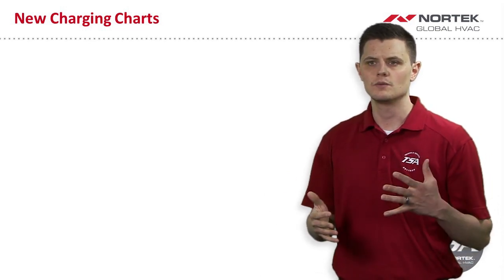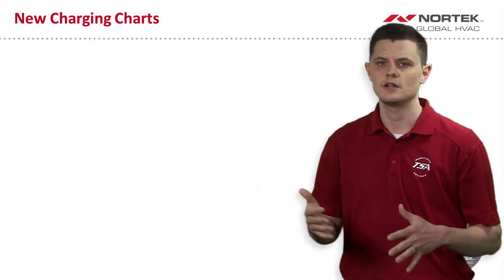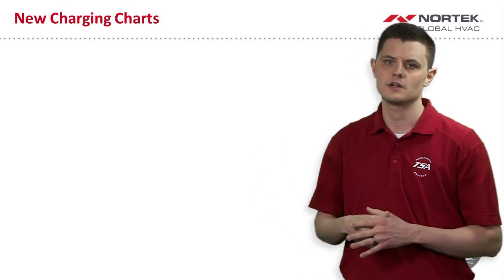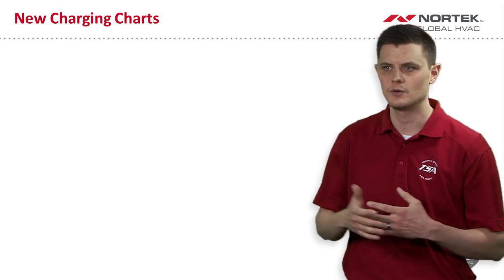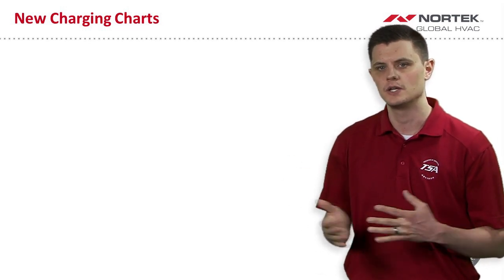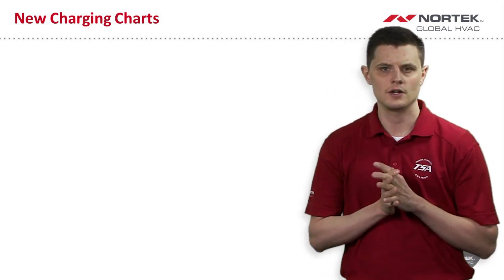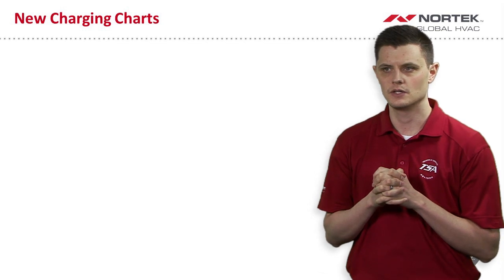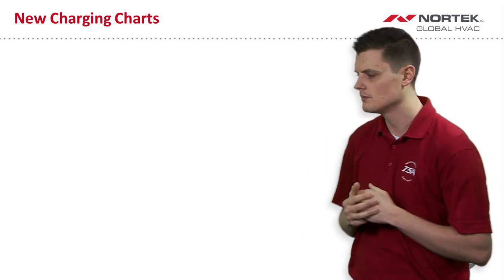Because we'll be charging in cooling mode, and then obviously if you have a heat pump, you'll also have a heat mode, if you will. So it'll be a lower ambient temperature, but let's take a look. So just to start off here, the process of this has changed a bit.